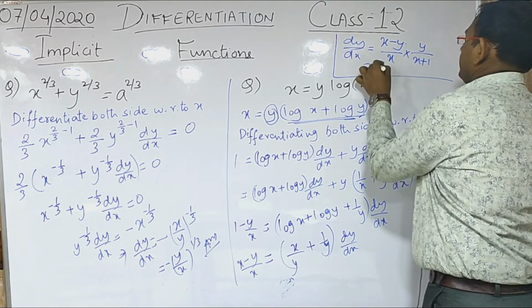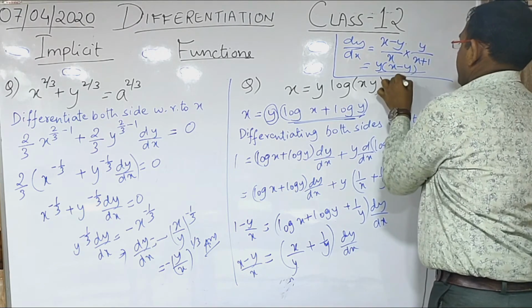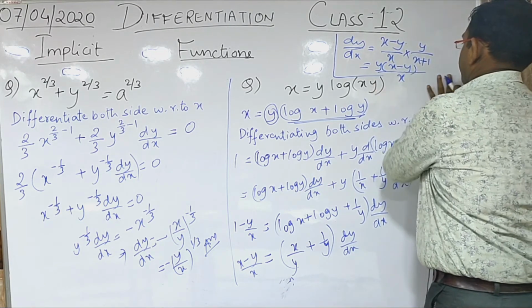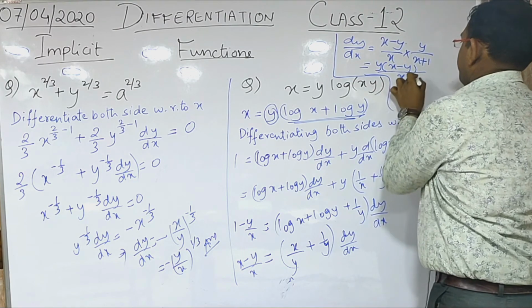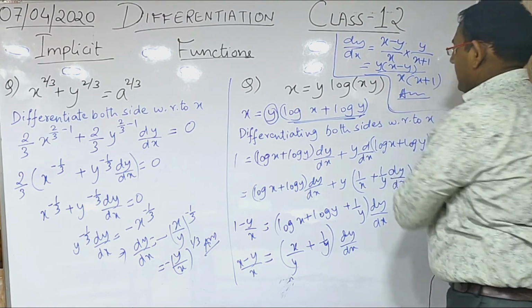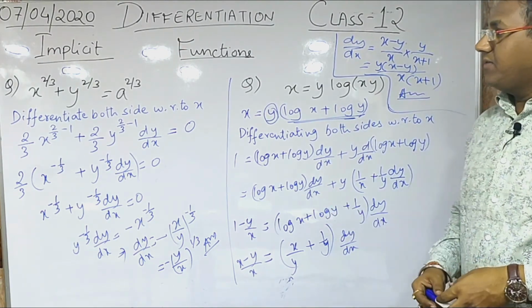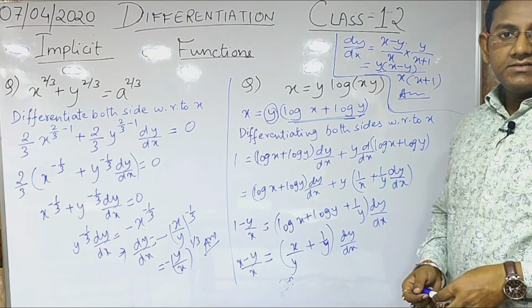This can be written as y(x minus y) divided by x(x plus 1). This is your answer. I hope you understood the example of this implicit function.